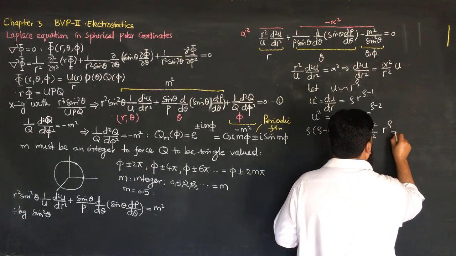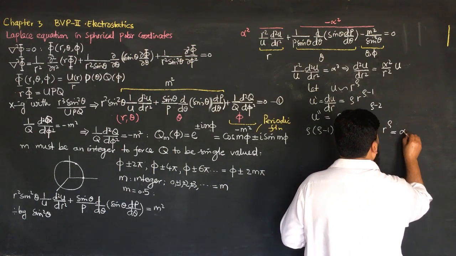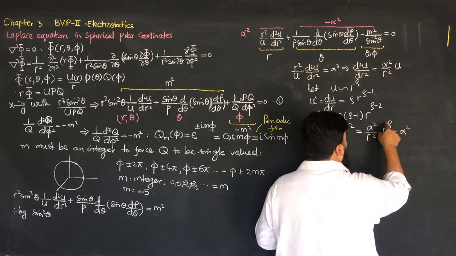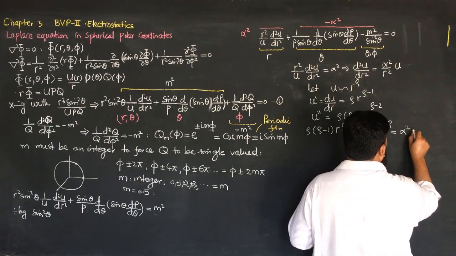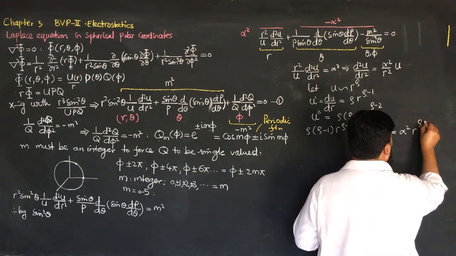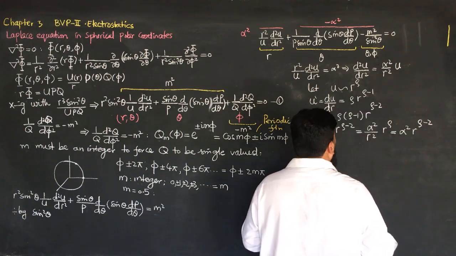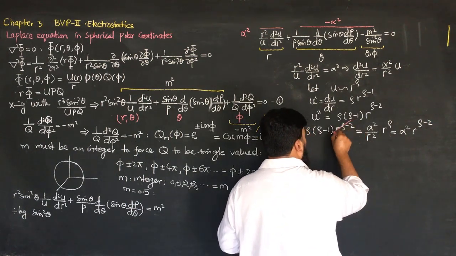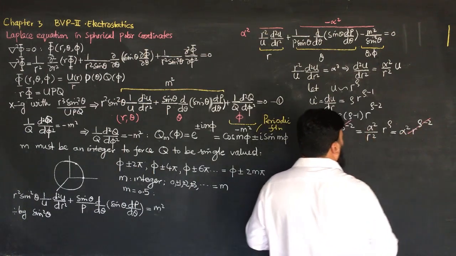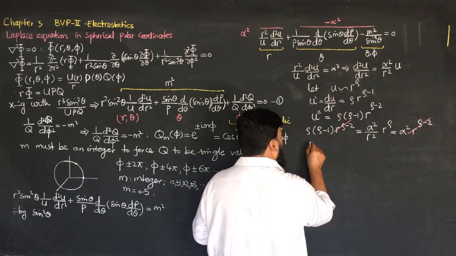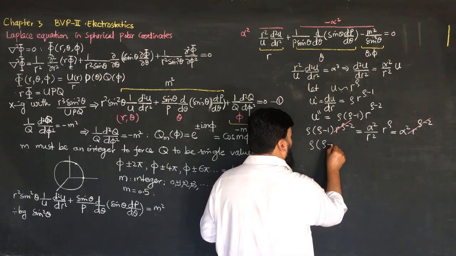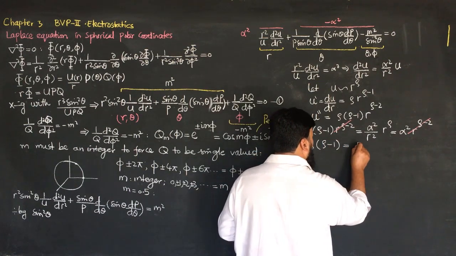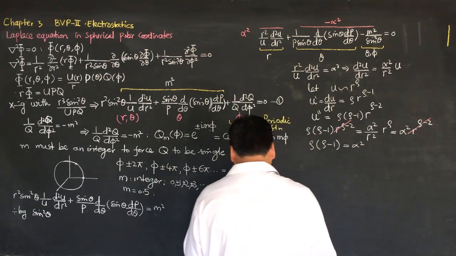Now this is equal to alpha square r to the power rho and r to the power minus 2, so we will have r to the power rho minus 2. Now r to the power rho minus 2 here is cancelling with r to the power rho minus 2, and we are left with rho into rho minus 1 is equal to alpha squared.